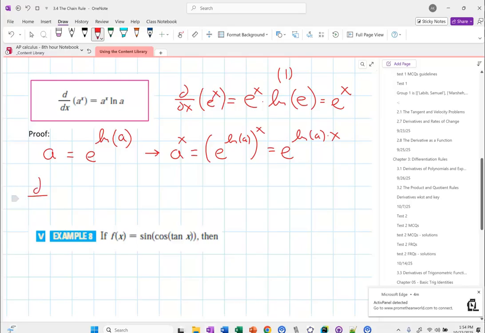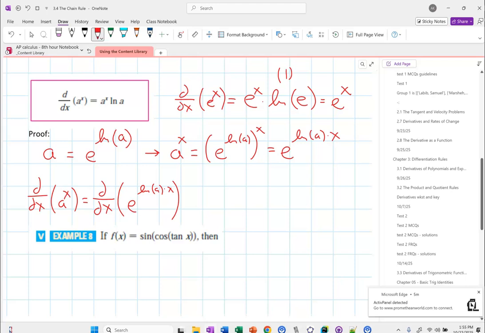So I have then the derivative of a to the x is just the derivative of e to the natural log a times x. Feel good so far? When I look at the derivative of e to the natural log a times x, what do you notice there? How would I do that derivative? Yeah, chain rule.